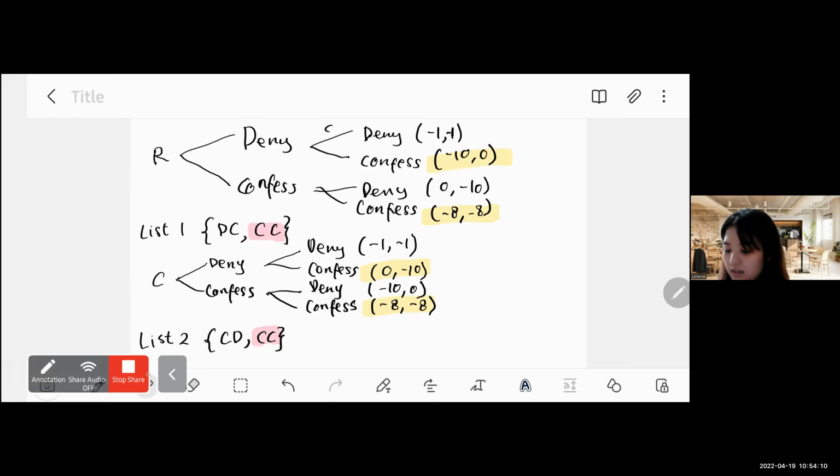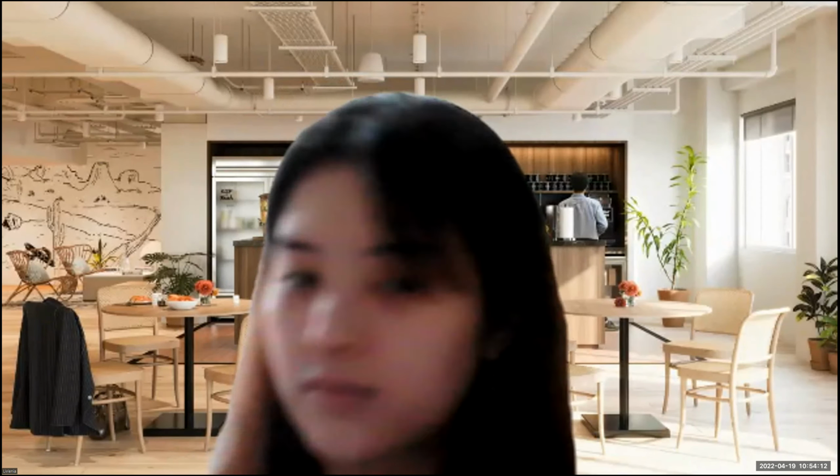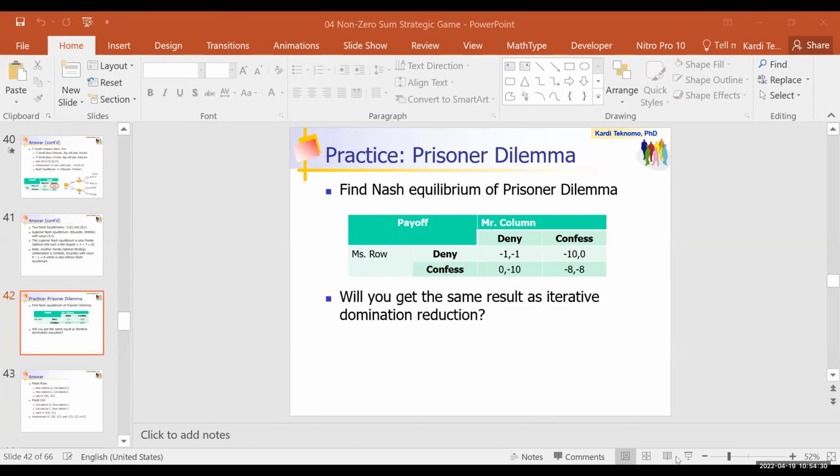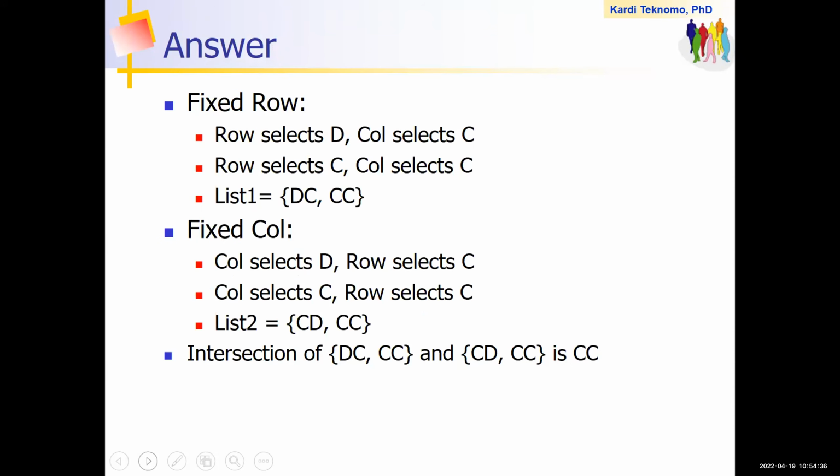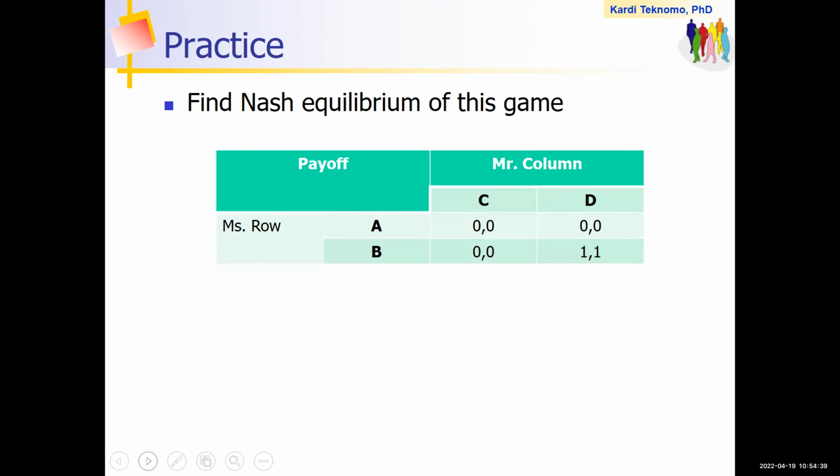Okay, very good. So we have solved the Nash equilibrium for the prisoner's dilemma. So you're done. Right, this is the answer.